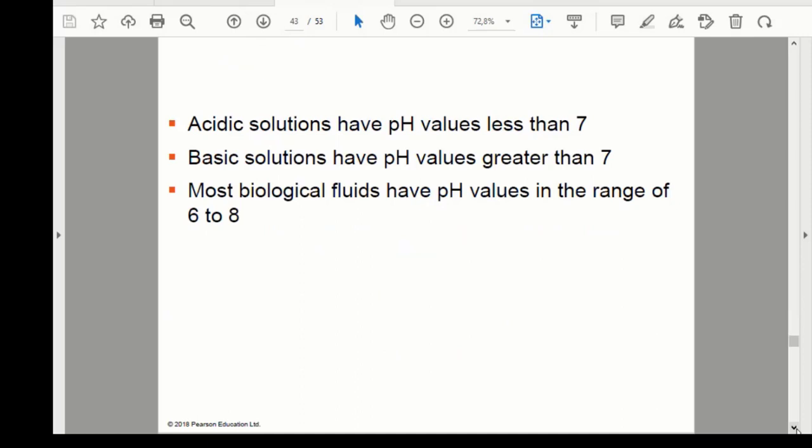You have acidic solutions and basic solutions. An acidic solution has a pH value less than 7, and for your solution to be basic, your pH has to be greater than 7. Most biological fluids have a pH which ranges between 6 and 8.